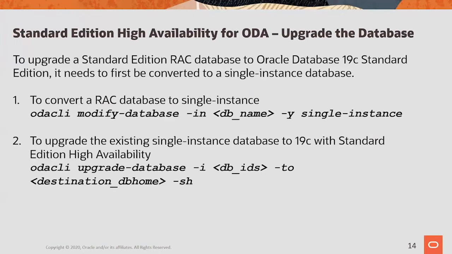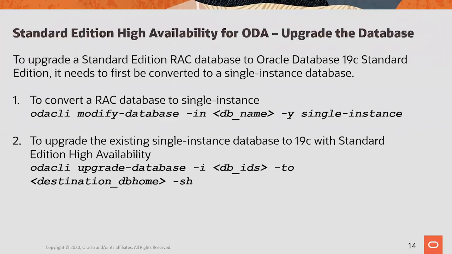And then we talked about the conversion process or the migration process for those existing legacy RAC databases that were standard edition. They'll have to be converted first to single instance databases. So there's a modify database command, and we've essentially created a new positional parameter to make it single instance. So once it's a single instance database, it could be mounted and would run as it would always run, except with no high availability.